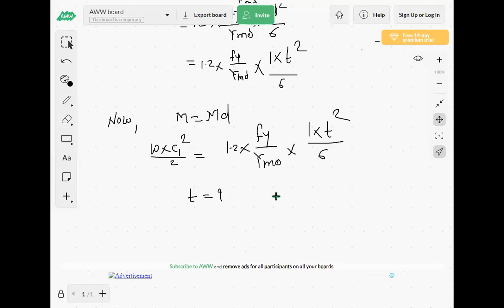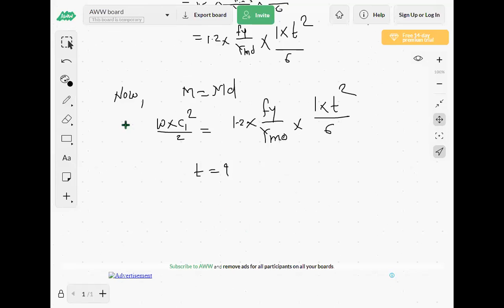Are you getting it? And this thickness should be greater than TF, thickness of flange.